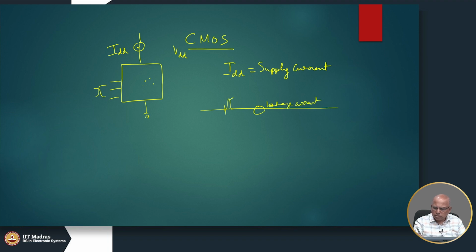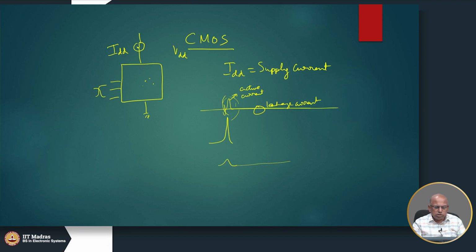So this is the active current. This depends on how many activities are happening. If a lot of gates are switching, it may have a large value, otherwise it may have a small value. This is difficult to predict. But when all becomes quiet, the current will come down to a small value, which is mostly due to leakage.